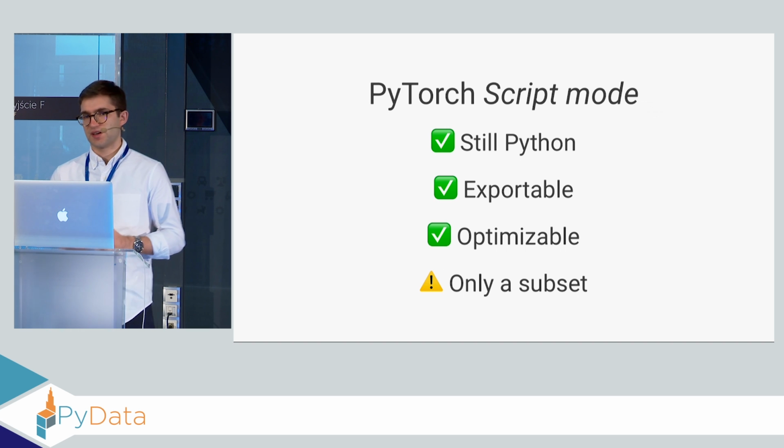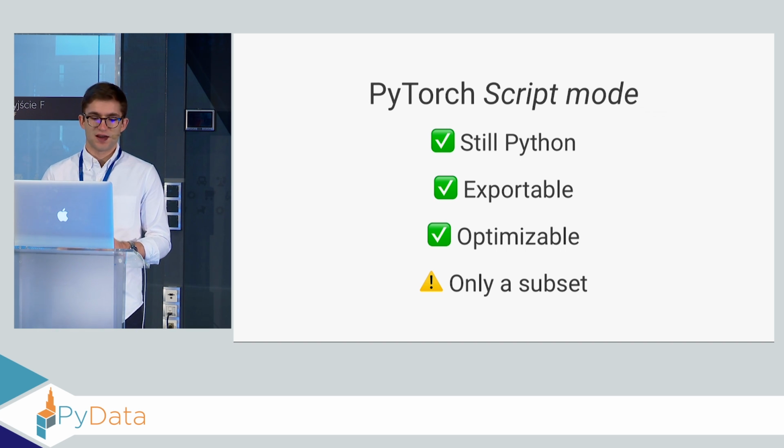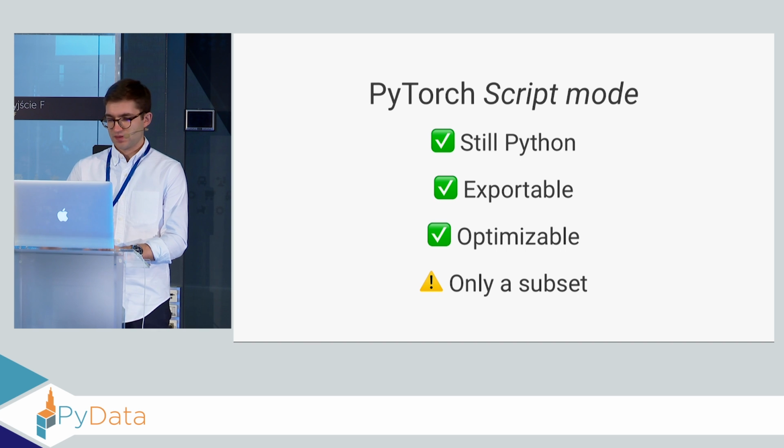First is, again, you can export this and run it from pure C environments. And second is that it's actually pretty optimizable. So we can take the code of your pipeline and apply some optimizations that are relatively hard to apply by hand, but we can do this automatically in the backend to make some of the most common patterns run faster.